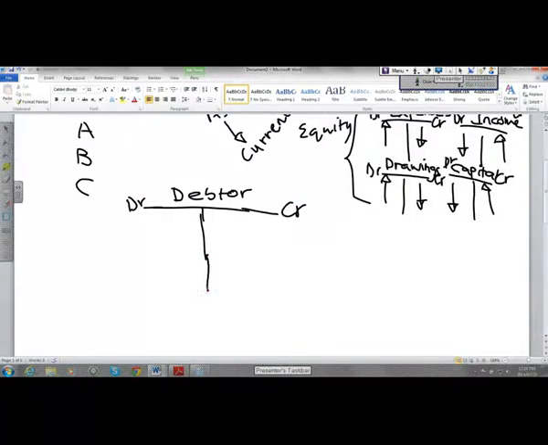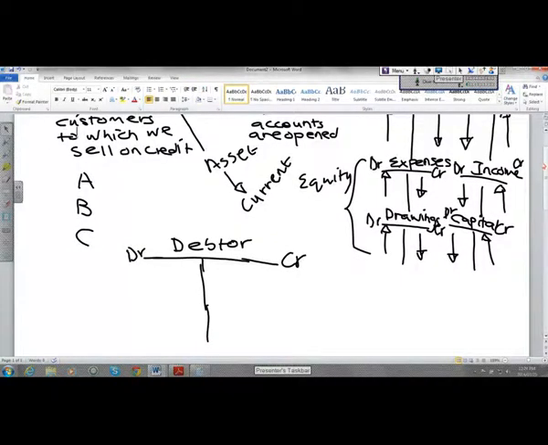If we say a debtor is an asset, we have agreed from the principles that it's going to increase on the debit and decrease on the credit. So a debtor as an asset is going to increase on the debit and decrease on the credit. Now let's think about it.